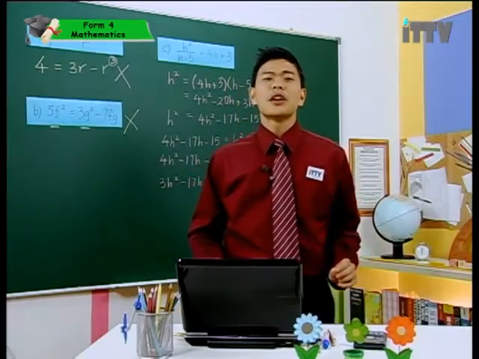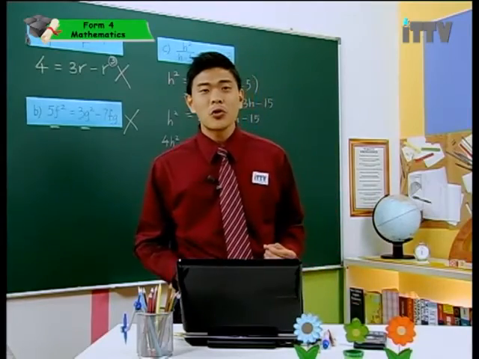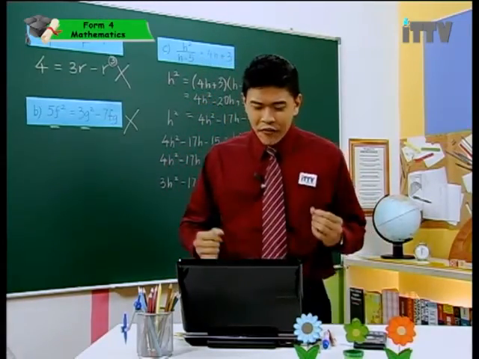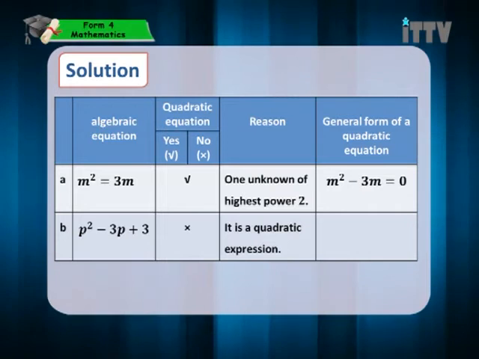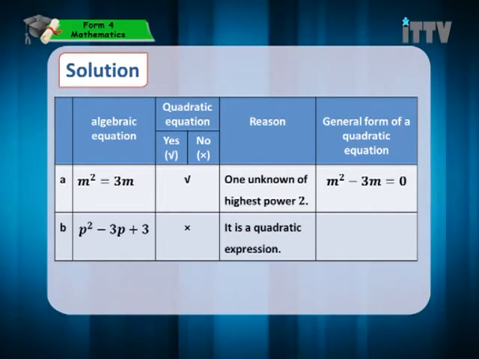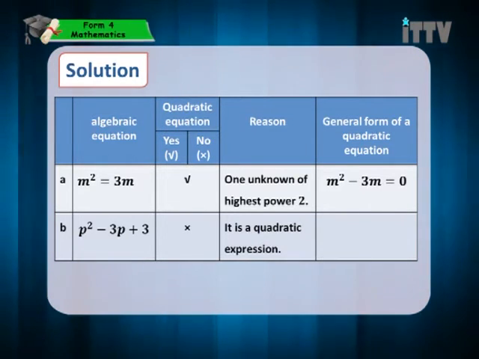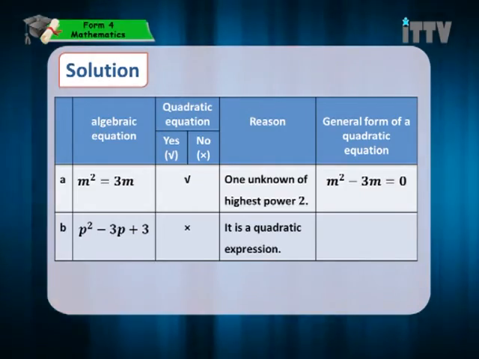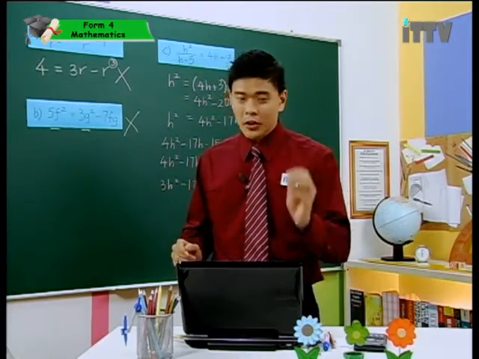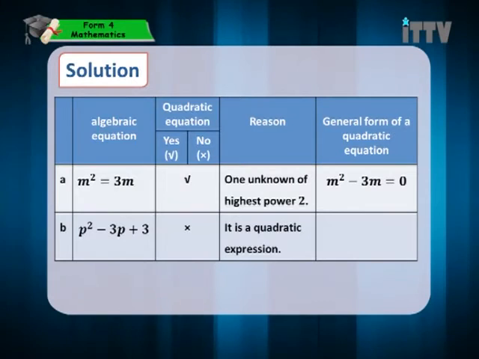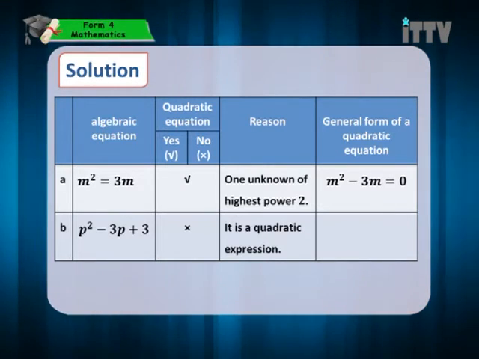Alright guys, I'm sure you have your solution with you and now it's time to go through one by one. For A, the algebraic equation m² = 3m. Is it a quadratic equation? Yes. If you put that, congrats to you. What is the reason? One unknown of highest power 2.